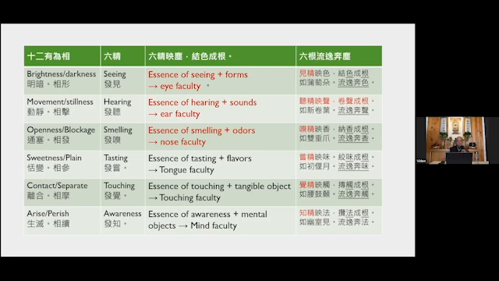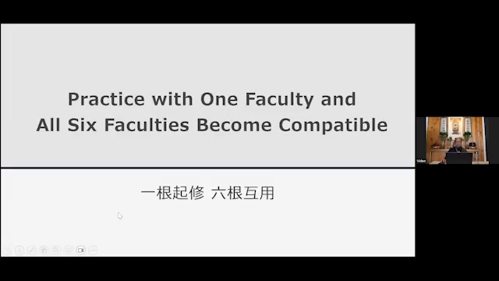That means detaching the 12 conditioned phenomena, which are the brightness, darkness, movement, stillness. All these 6 pairs are so-called 12 conditioned phenomena. Okay, our first level of practice, we need to detach from that.